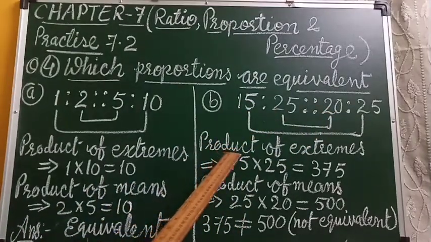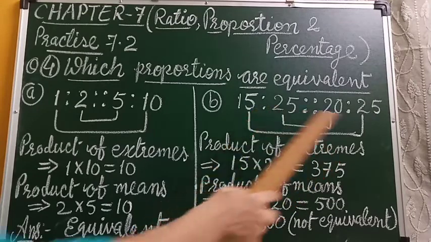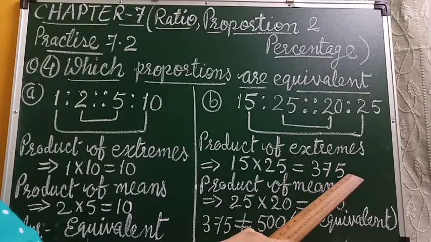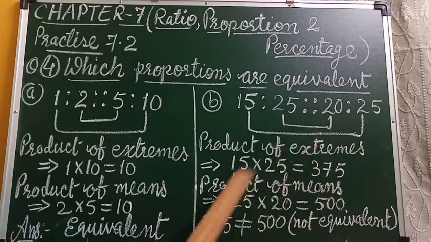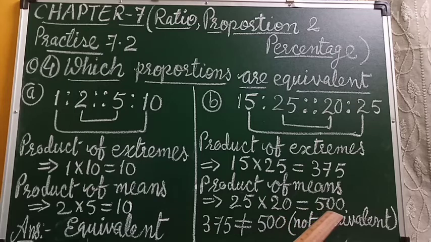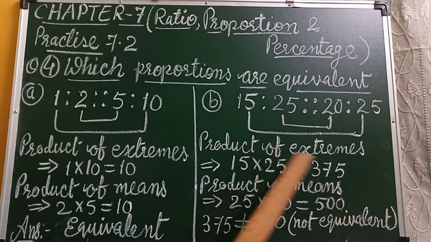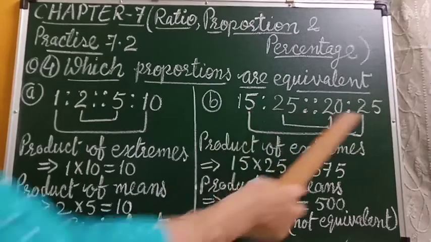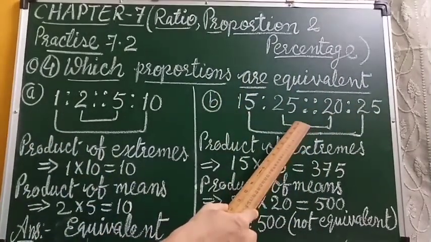So the product of extremes 15 into 25 is equal to 375. Now the product of means 25 into 20 is 500. That means the product of extremes is not equal to the product of means. 375 is not equal to 500. That means the given proportion is not equivalent.